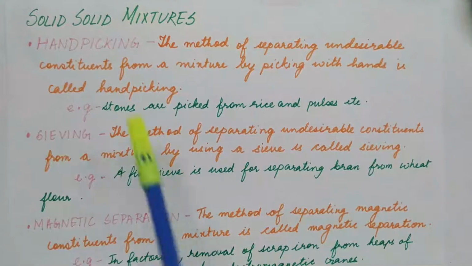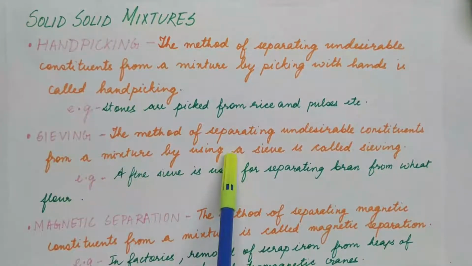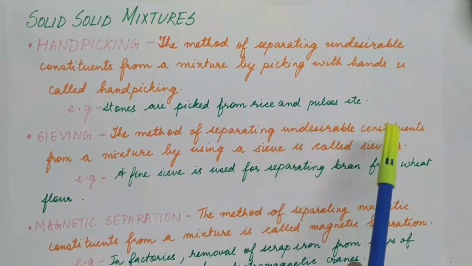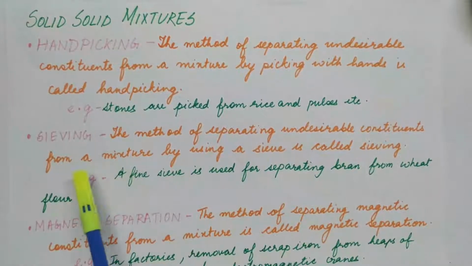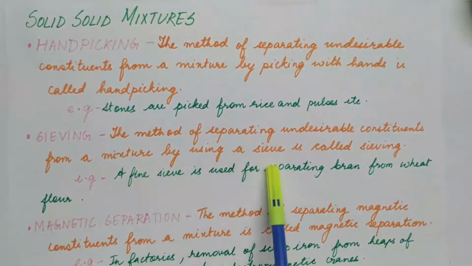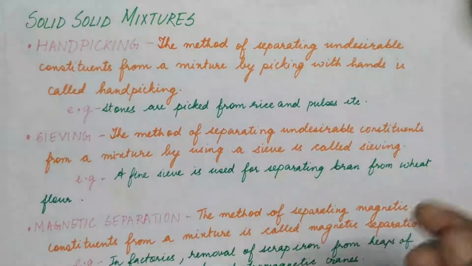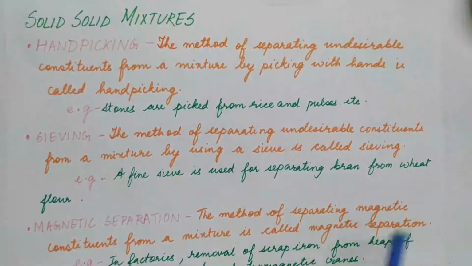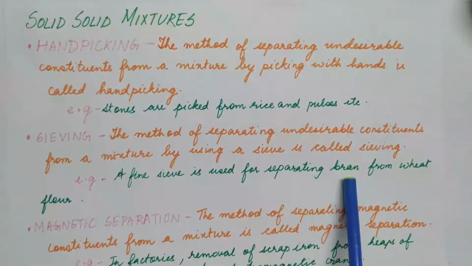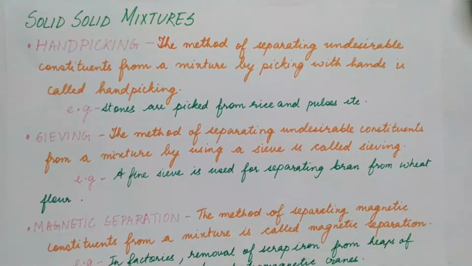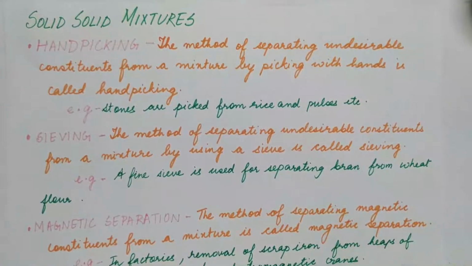The second method that we will be discussing is sieving. This method of separation is used for separating the undesirable constituents from a mixture by using a sieve, and that is why the method is called sieving. You might have seen that we have very fine sieves at our home through which we can separate the bran, the brownish cover that is there on the grain after we grind the wheat flour.